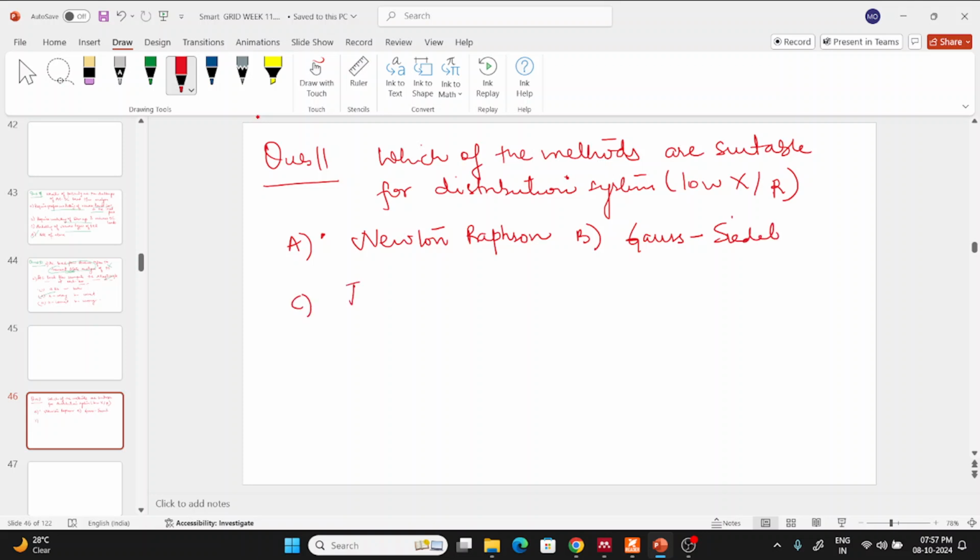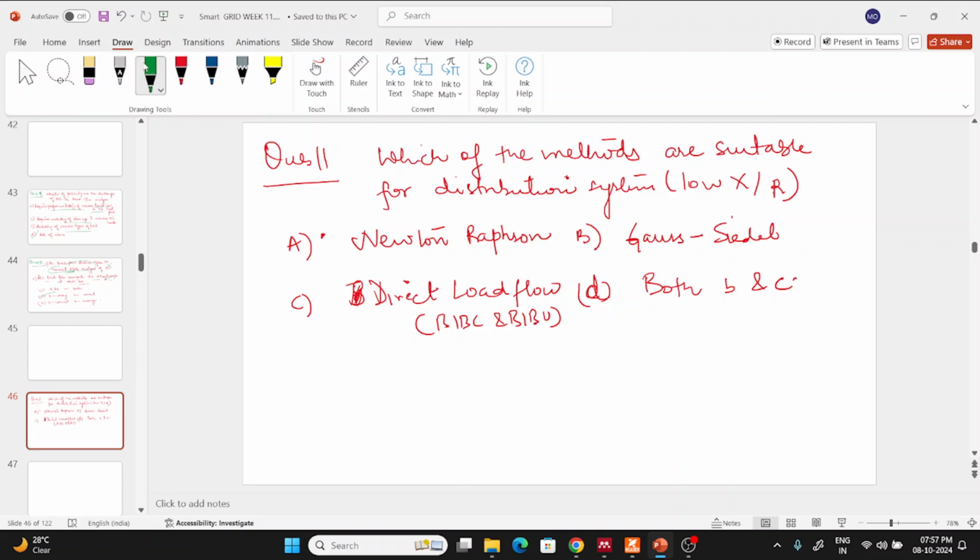C: Direct load flow based on BIBC and BCBV. D: Both B and C. So give me the correct answer.